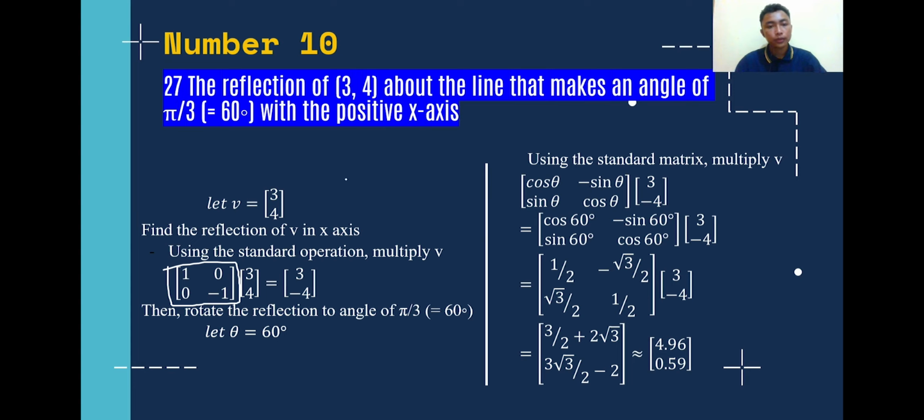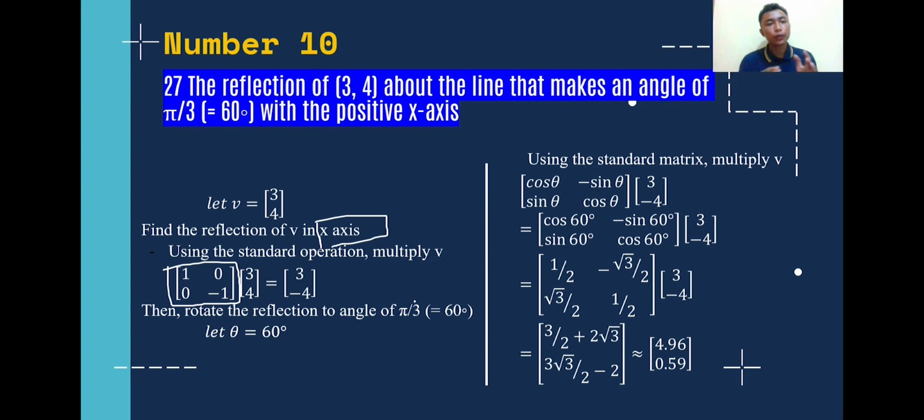Okay, because we reflect with the x-axis, first we need to do the reflection with the x-axis. So this is the formula like I explained before, and the result will be (3, −4).